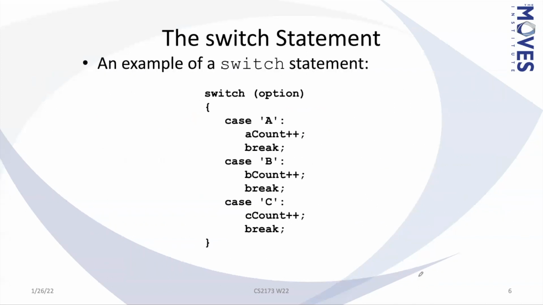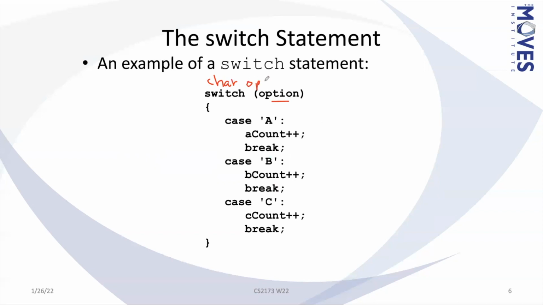Okay, so here's, again, a typical example. Supposing the only possibilities for this option are characters. So for this to work properly, option would have to have been defined as a char.